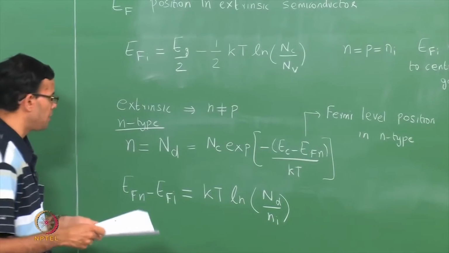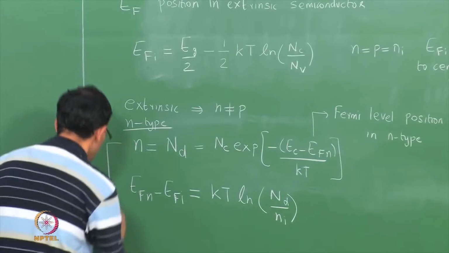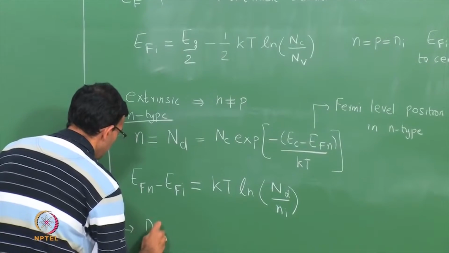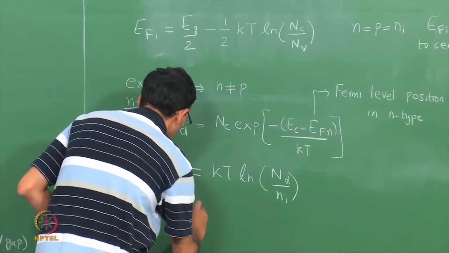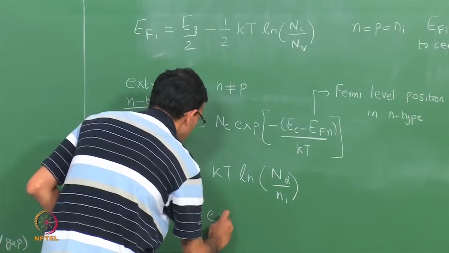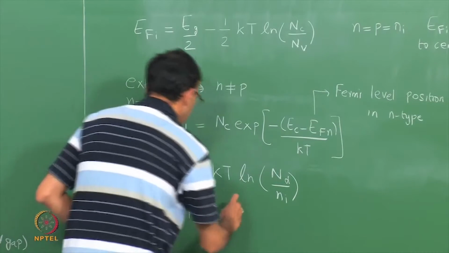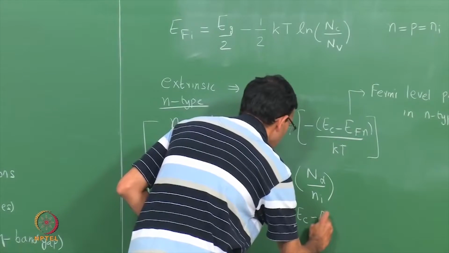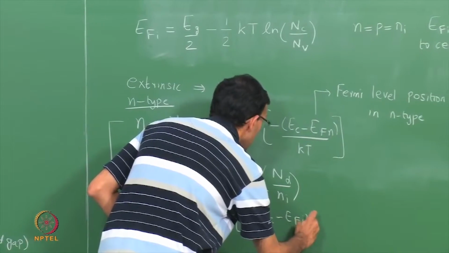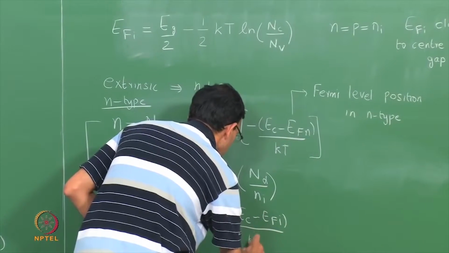How we get this expression is that we start with this. We can write the same equation for intrinsic as Ni equal to Nc exponential minus Ec minus EFI over kT.